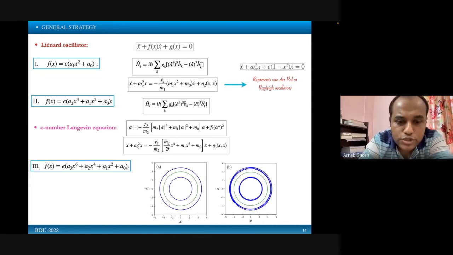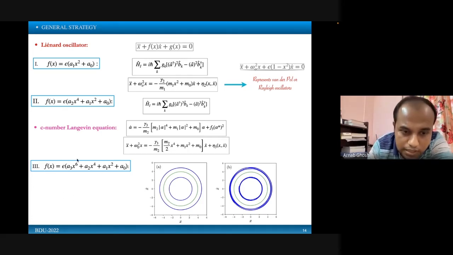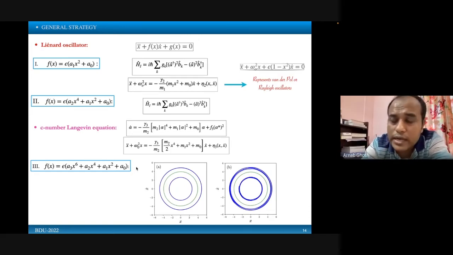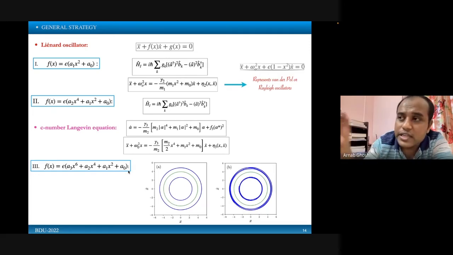And second, we have shown that this method is not only applicable to single limit cycle descriptions, but can even be generalized to multiple limit cycles. Let's say, for example, here it is a polynomial of degree 6. The Liénard-Levinson form says that if f of x has highest degree 2n, and these AI are alternating in sign, then this system can admit at most n such limit cycles.